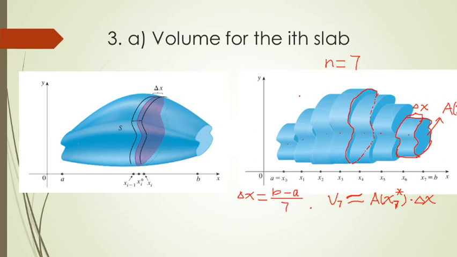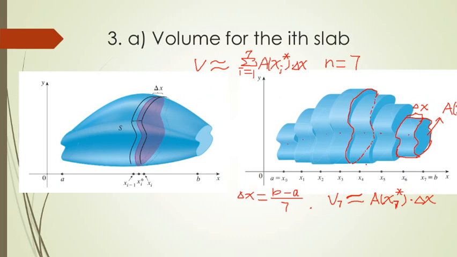So if I take the sum of the 7 slabs from the right side, where each area function is evaluated at xi star, which gives the base area times the thickness, then we can approximate the volume of the sweet potato in this way using 7 slabs.